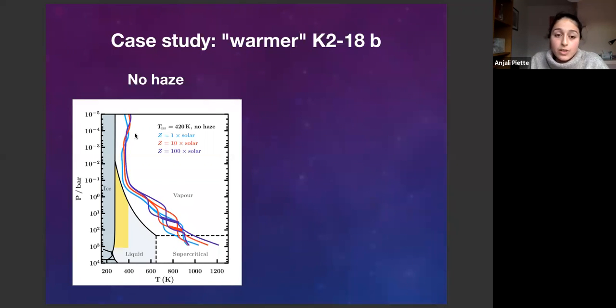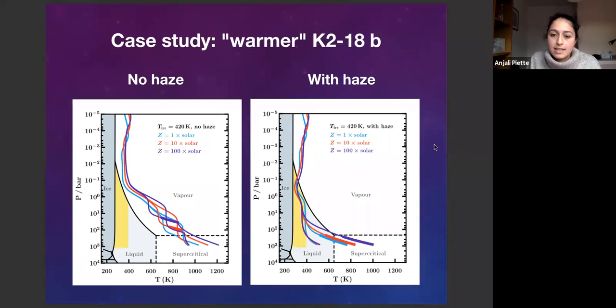So in the case with no haze at all, we can see that all of these models are actually far too hot to have the liquid water surface. So any transition to this water layer would be in the vapor phase or the supercritical phase. But again, if we add hazes, it cools down all the temperature profiles. And it is possible, if you add enough haze, to pass through this liquid phase and even the potentially habitable liquid phase.